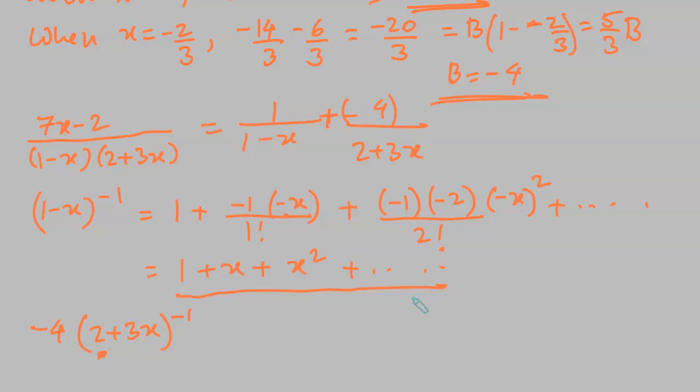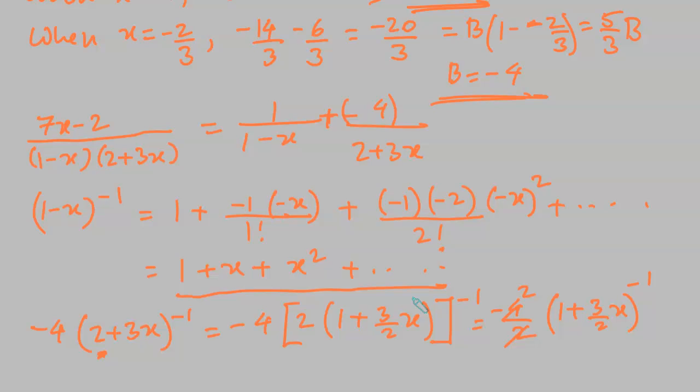So what do we do? This can be written as negative 4 times 2 and 1 plus 3 over 2x whole raised to the power of negative 1. So this is equal to, 2 to the power of negative 1 is half. So this is negative 4 over 2 and 1 plus 3 over 2x to the power of negative 1.